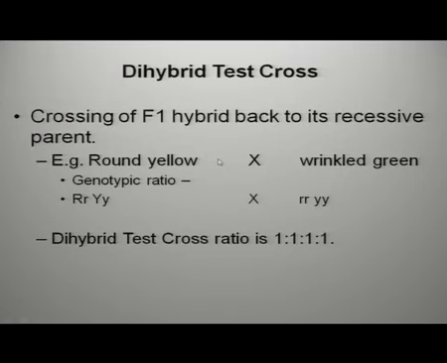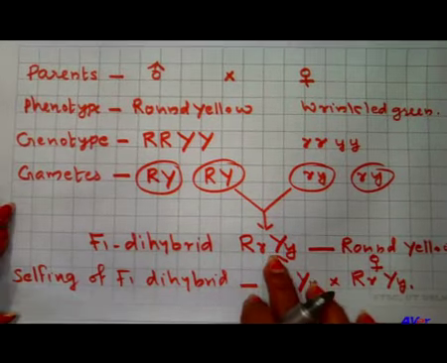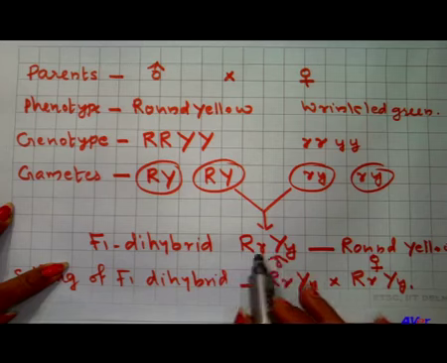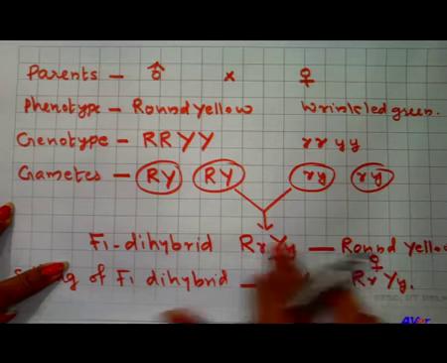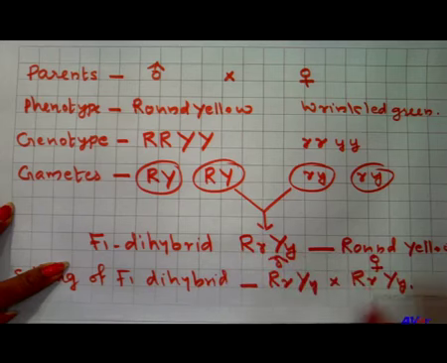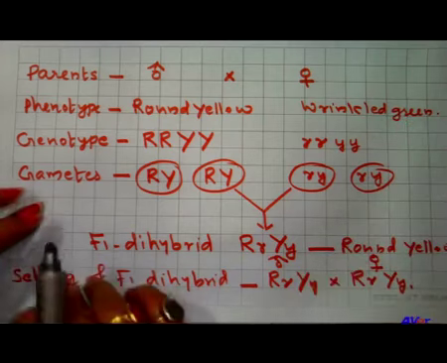Now, the cross can be shown here. As we know, this is the F1 dihybrid with 2 pairs of contrasting characters. They are heterozygous for both the pairs of alleles, and this F1 hybrid is crossed back to its recessive parent. See the explanation here.